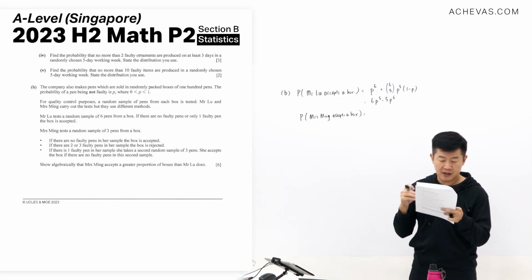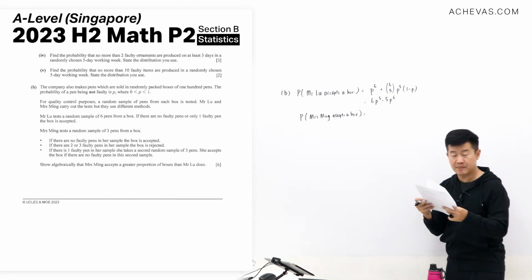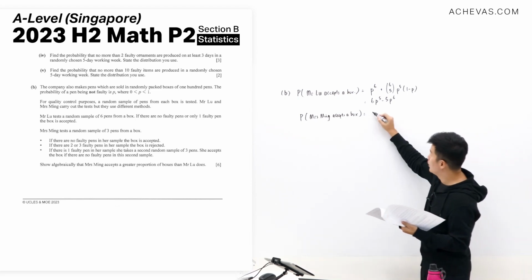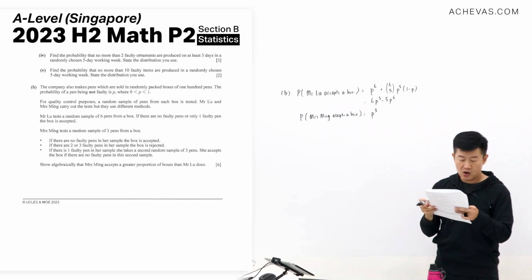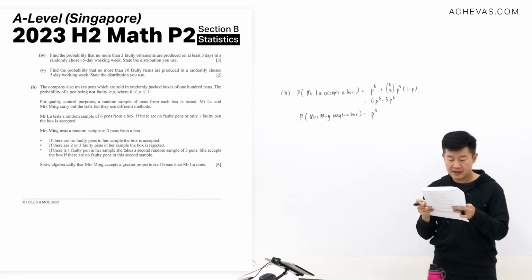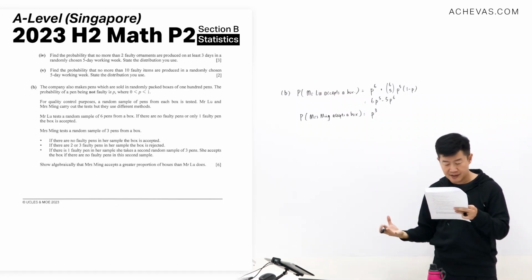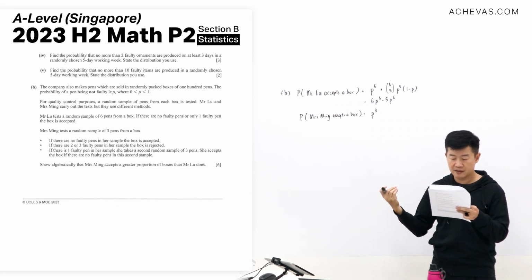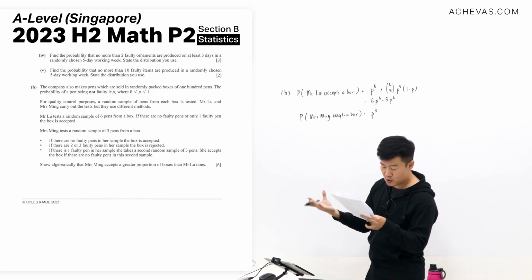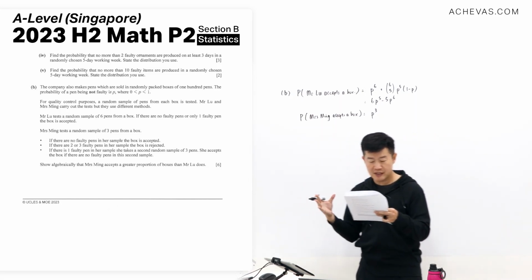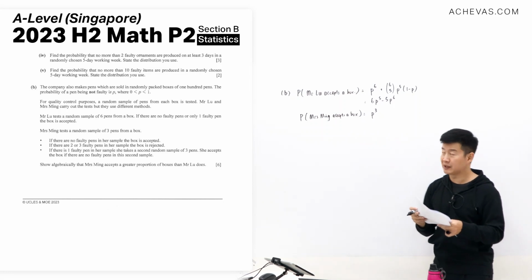It will be accepted if, again, there's no 40 pen in her sample. So all the 3 are going to be accepted, so it's going to be P to the power of 3. Or if there were to be 1 40 pen in her sample, she's going to take another sample, the second sample, and this second sample, which will also be of 3 pens, if there were to be totally no 40 pens in the second sample, then she'll be accepting the box.